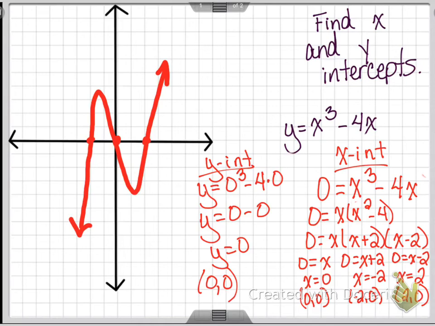Now, one of the things I encourage students to do in this class is to download the app Desmos. Okay? The app is called Desmos, D-E-S-M-O-S.